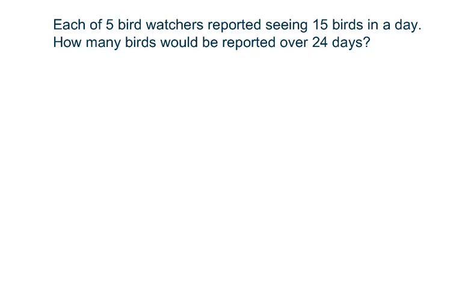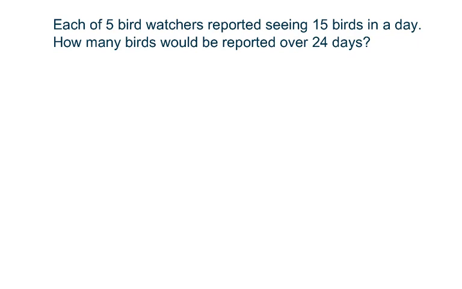Each of 5 bird watchers reported seeing 15 birds in a day. How many birds would be reported over 24 days? What would the equation be to solve this problem?